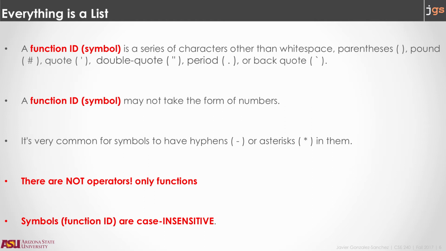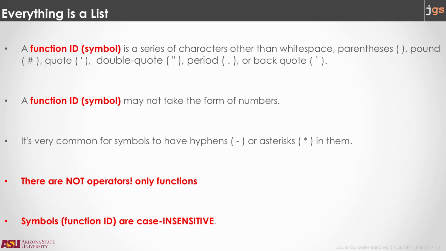As I mentioned before, there are no operators, so most of the symbols that we know as operators are going to be function IDs for a function that replaces the operator.